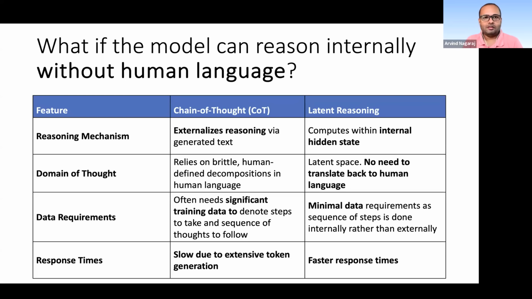That seems remarkable, given how much compute is required for traditional LLMs. So compute-wise, latent reasoning is also much less compute. Maybe the reason for much less compute is no human language.